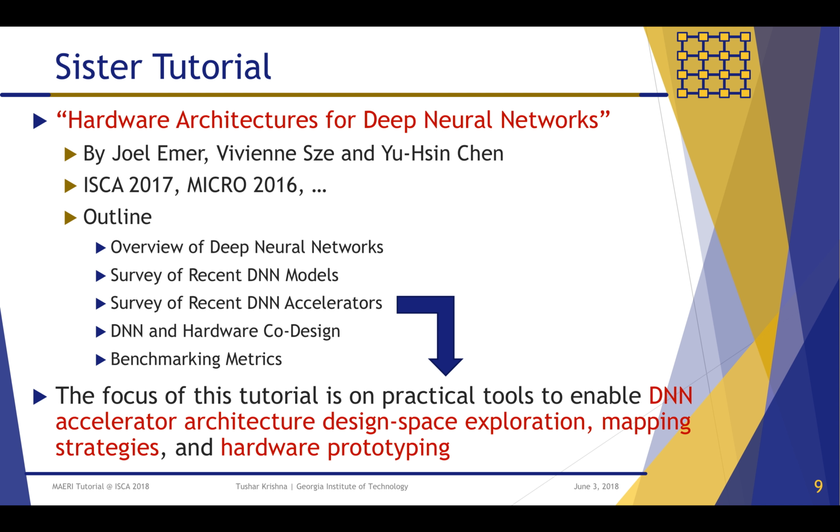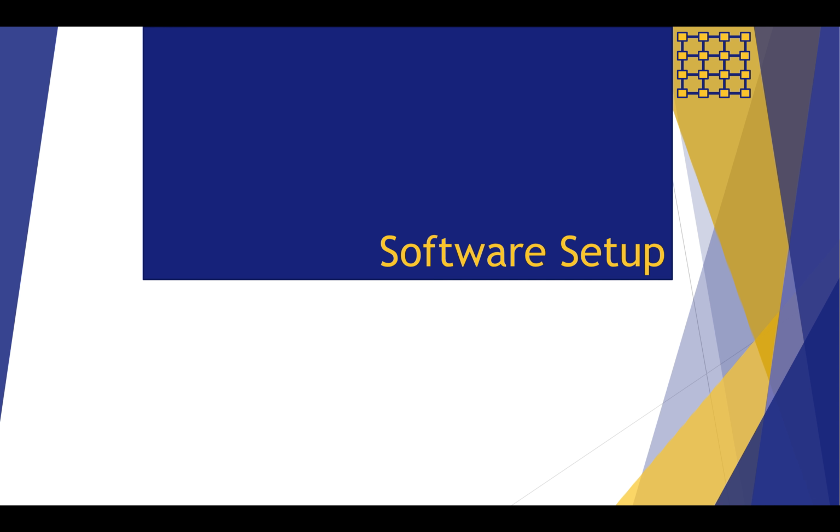This tutorial is more on tools, so practical tools to enable DNN accelerator architecture design space exploration, mapping strategies, and hardware prototyping. Just to set context, we will go into a very brief background of DNNs, but the focus is more on how you design accelerators targeting DNNs.